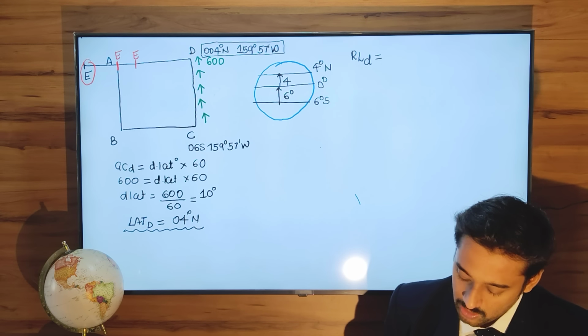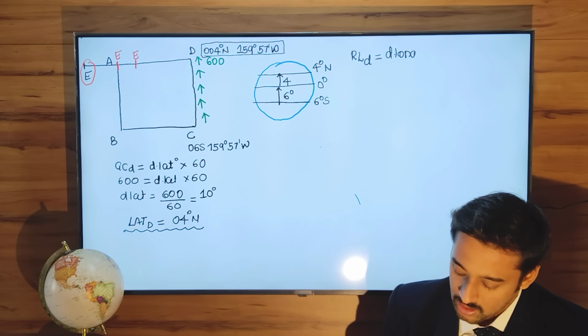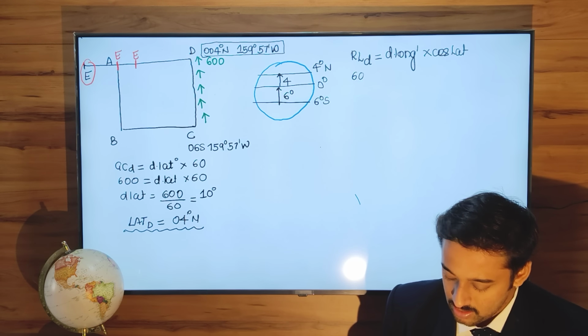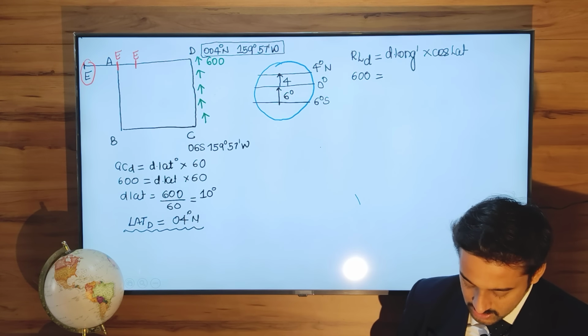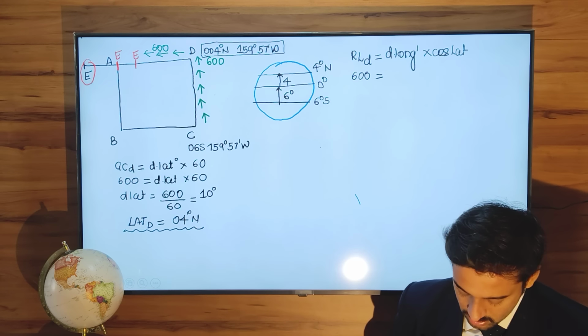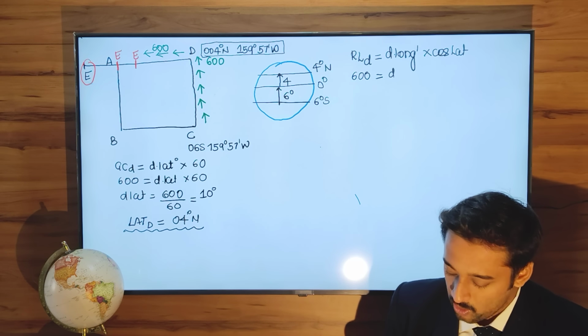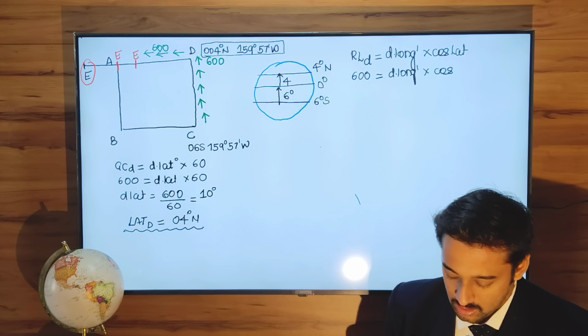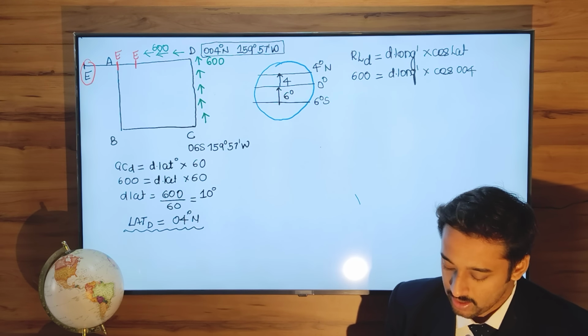Rhumb line distance is equal to d long into cos of lat. Again, we have covered a distance of 600 miles from D. So 600 is equal to d long in minutes into cos of latitude, which is 4 degrees.